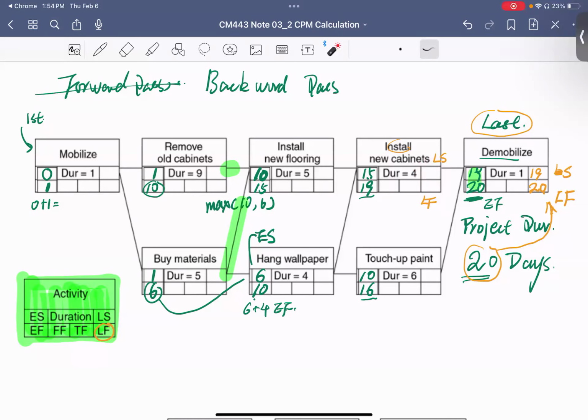Is it 19 and 15? Yes, 19 comes from here, and the 15 is 19 minus 4. Good job. Give me these two numbers.